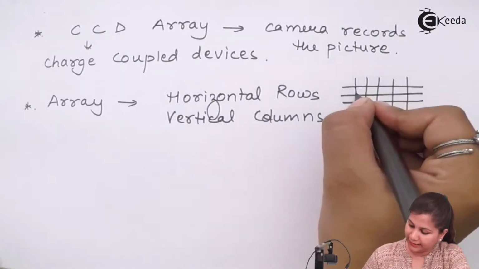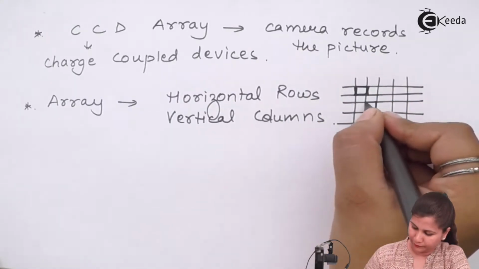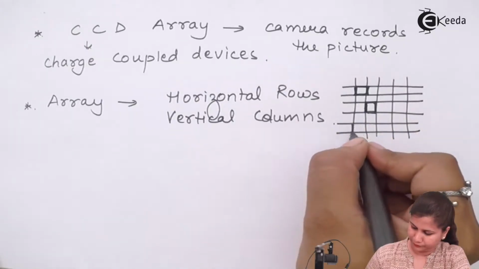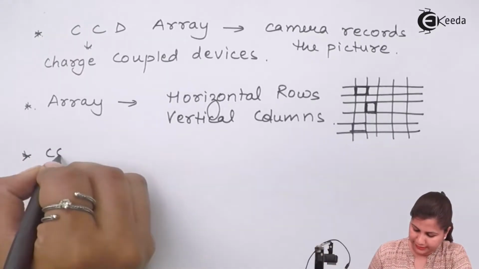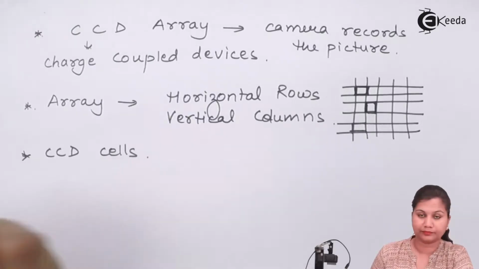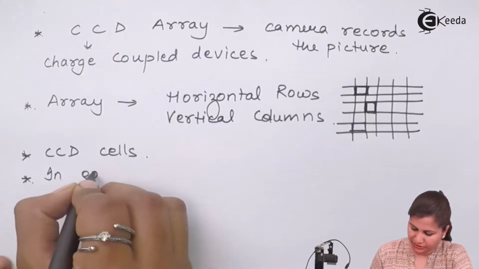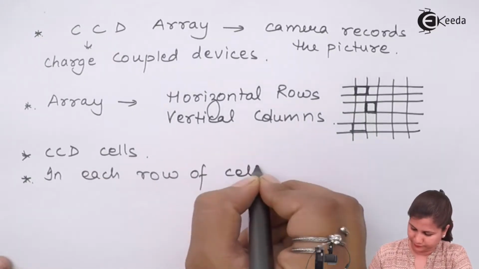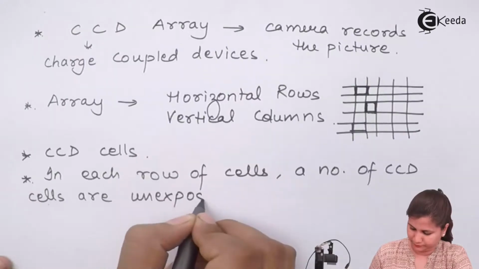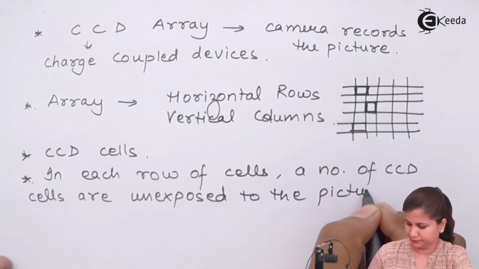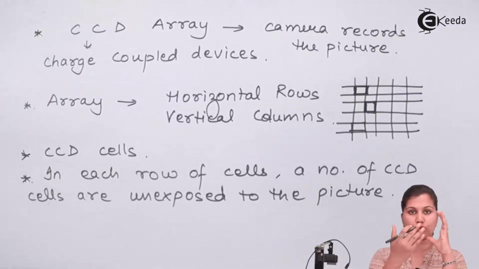So they will be forming a cell like this, and these cells are called the CCD cells. Now, whenever the CCD array is used to take the picture, it is exposed to the picture.